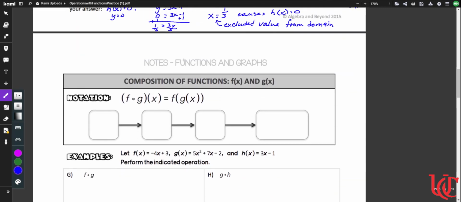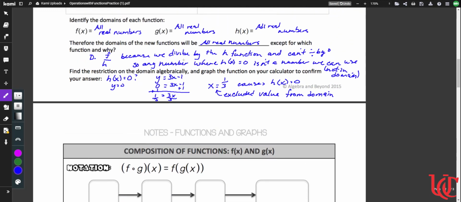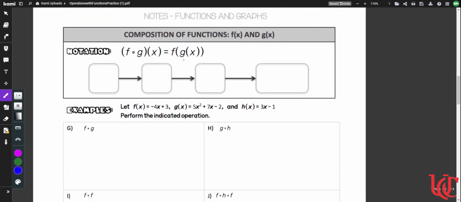All right, now, when we're talking compositions, that means that we're plugging in a function into another function. So the first thing that we have is different notation. So this is f, and this symbol means of g of x.